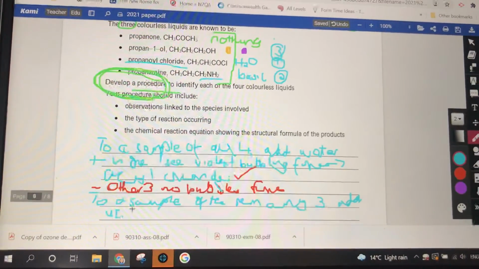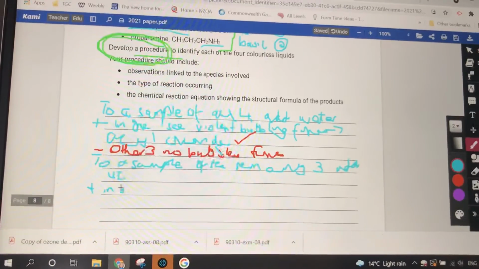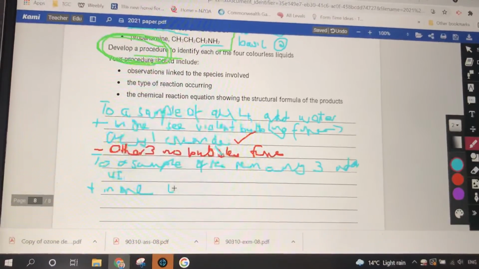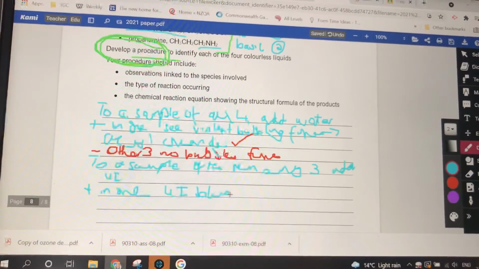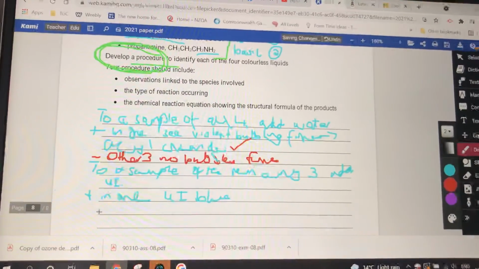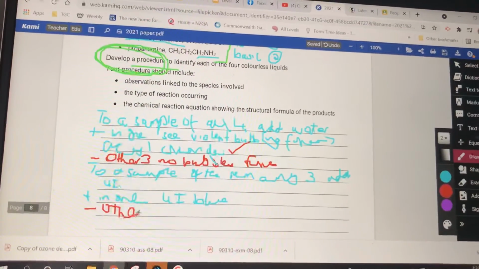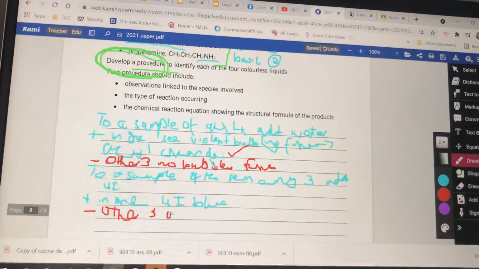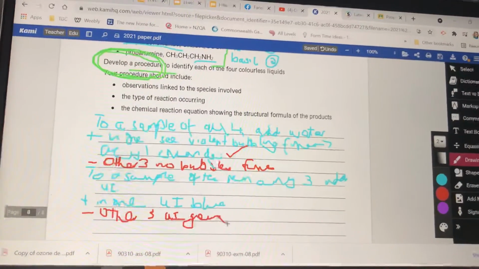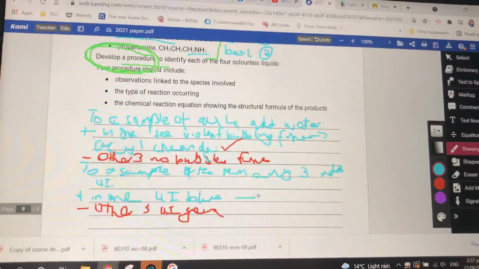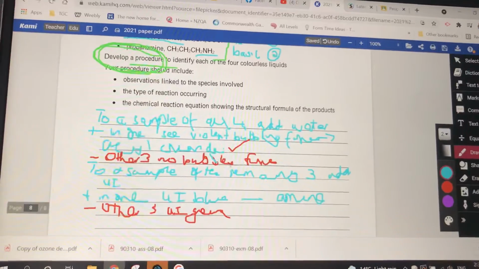Okay, and in one sample, this is my positive observation, the universal indicator is going to turn blue. And in the other 3, which is my negative, it's going to stay green. So the blue one is going to identify the amine, which in this case is propanamine.